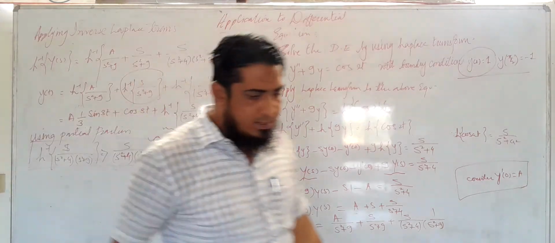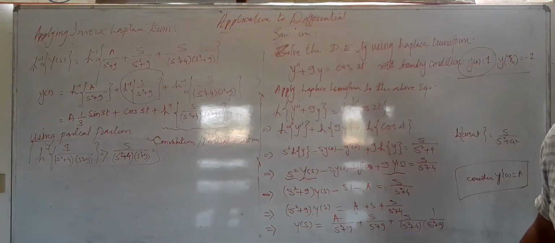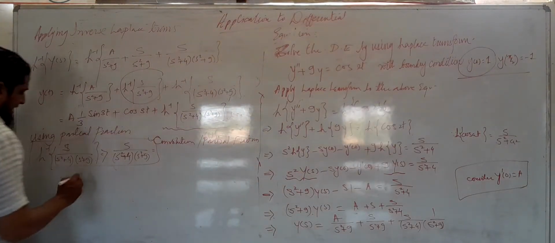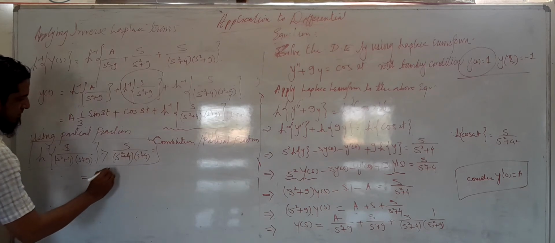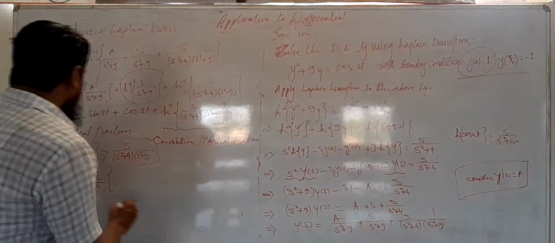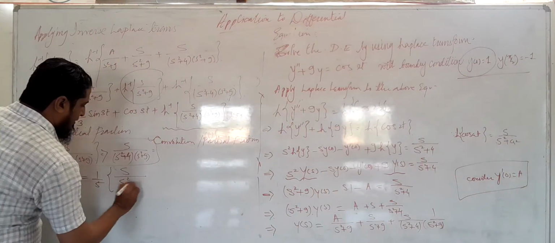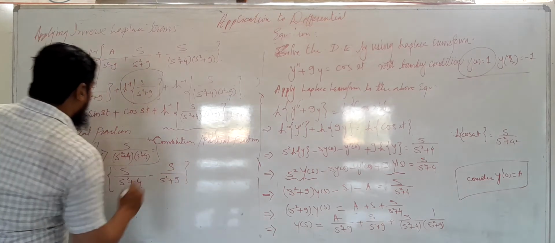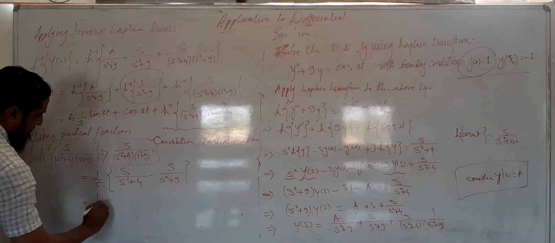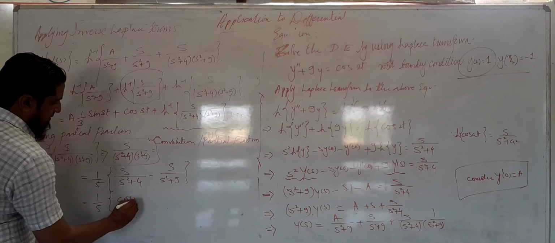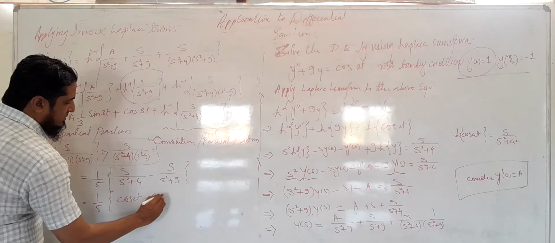We will get 1 upon 5 times (s upon s square plus 4 minus s upon s square plus 9), and the inverse Laplace transform of this we will get 1 upon 5 (cos 2t minus cos 3t).